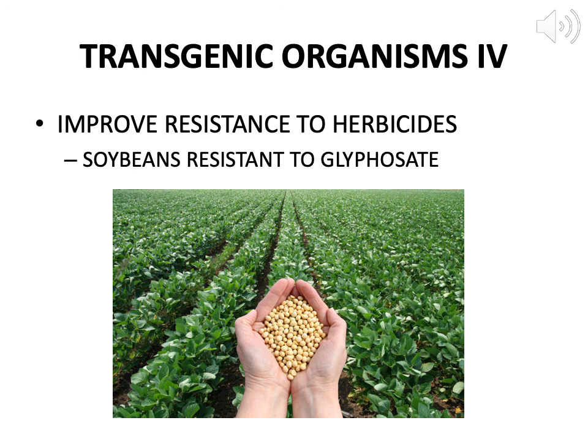Now, that sounds like a great idea, but think of this. Fact of the matter is, we already know that genes can move from organism to organism, which means a gene for resistance to an herbicide might not necessarily stay in that soybean. It might wind up going into one of those weeds that we want to kill.